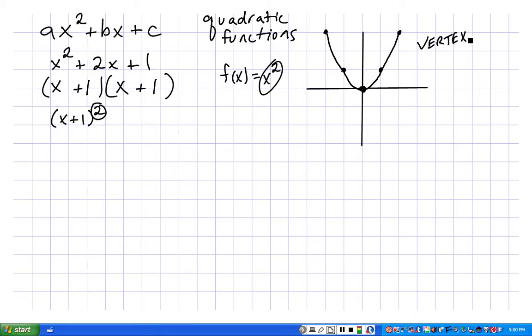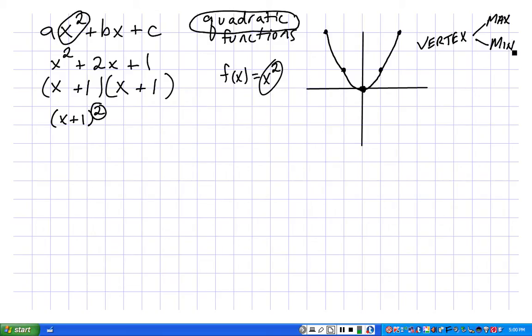Anytime we're talking about a quadratic, which is hinted by the fact that our highest degree is a square, then the vertex of a quadratic is always going to be either a max or a min.